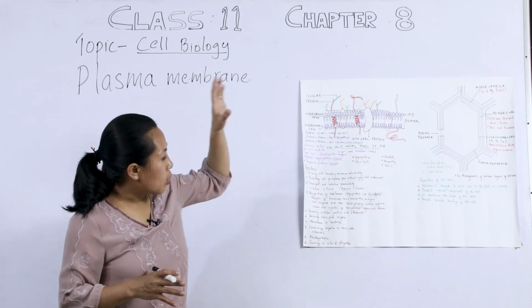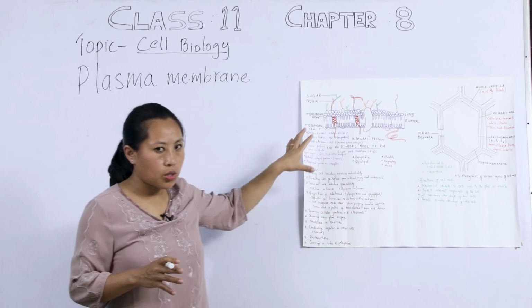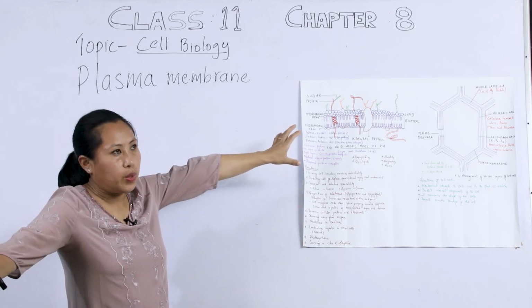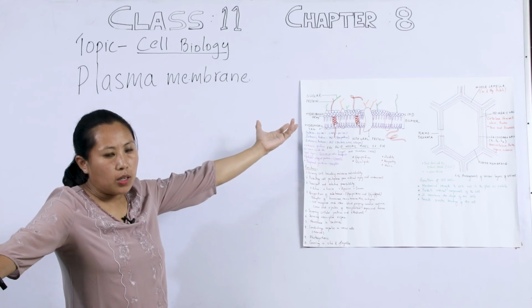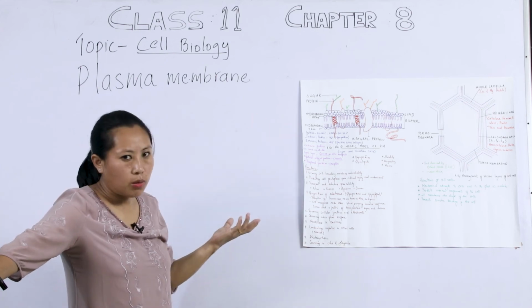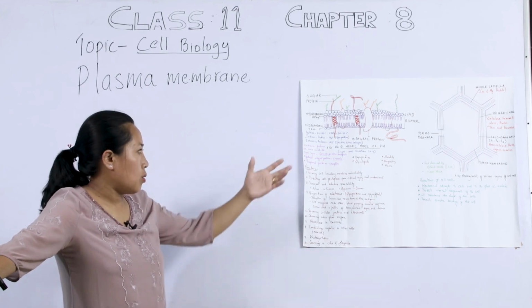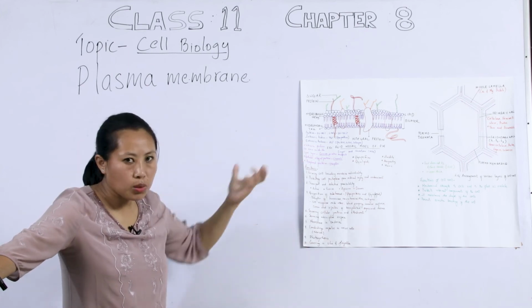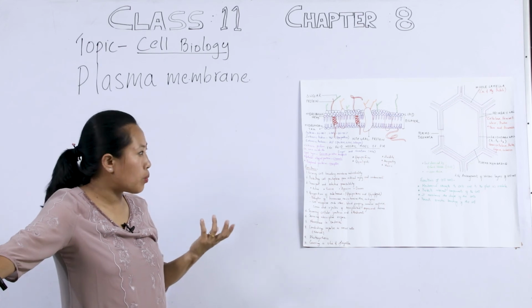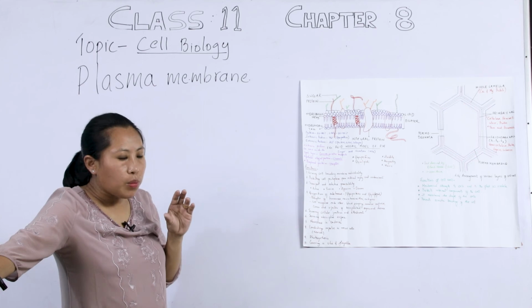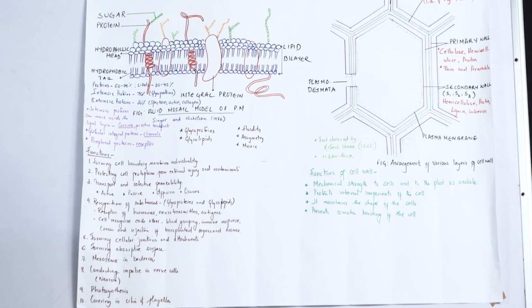So these are two important structures. The plasma membrane is present in both prokaryotic and eukaryotic cells, and in both plant cells and animal cells, while in the case of the animal cell, it forms the outermost covering. Prior to the fluid mosaic model, the unit membrane model was proposed, where it consists of proteins and lipids, with the lipids sandwiched in between the protein molecules.